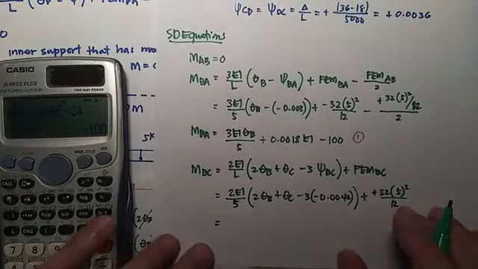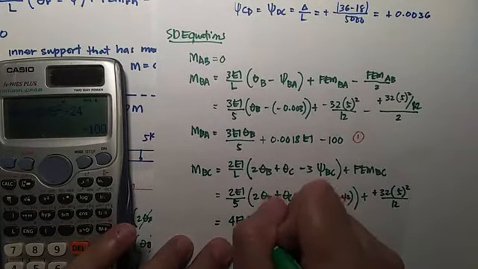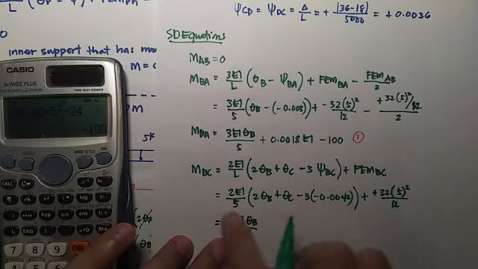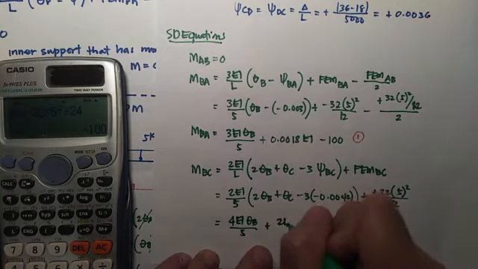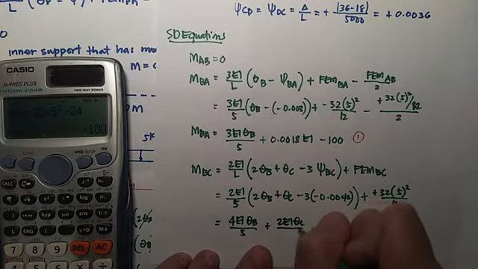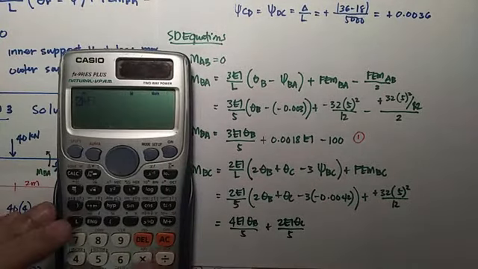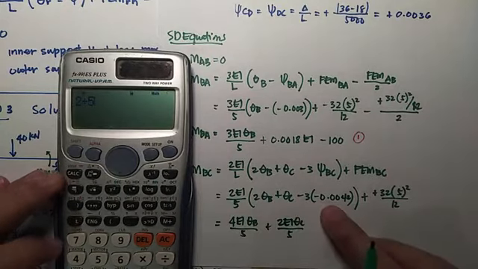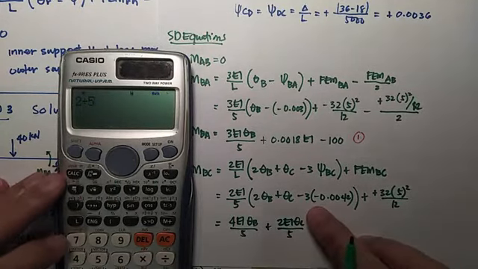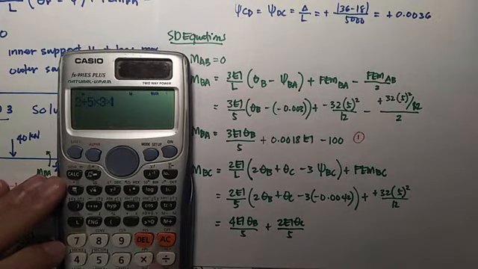Simplify lang natin. This would be 4EI theta B over 5, 2 times 2. Tapos for theta C, it's plus 2EI theta C over 5. Tapos ito, minus 3 times this one. So that's a positive na. So times 3 times 0.0042.